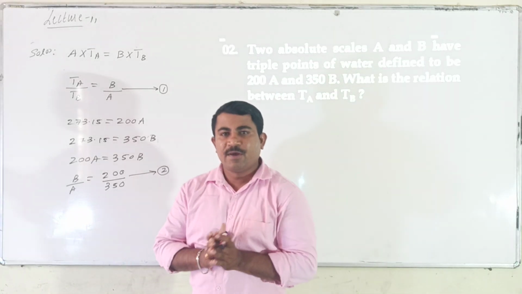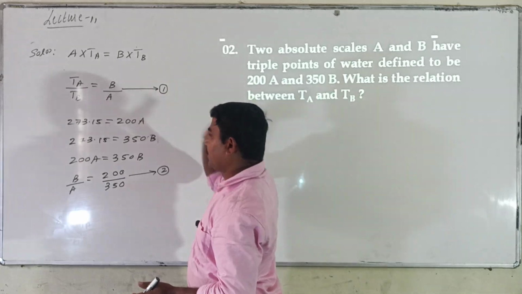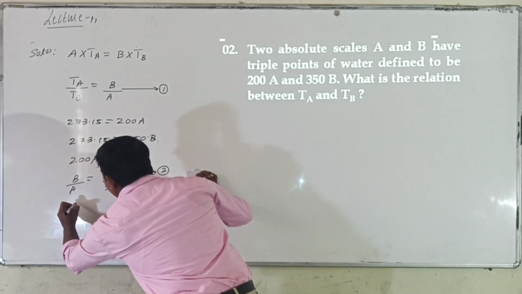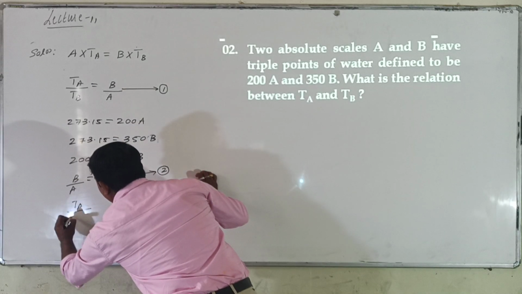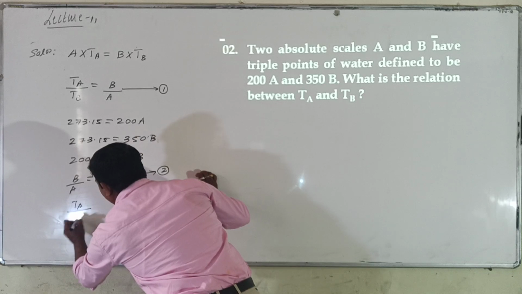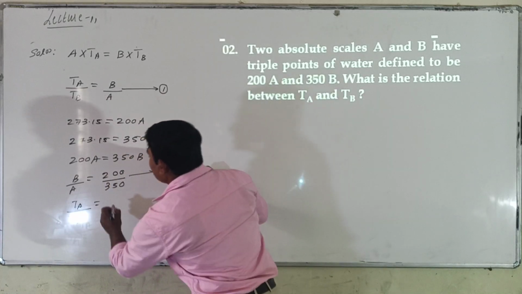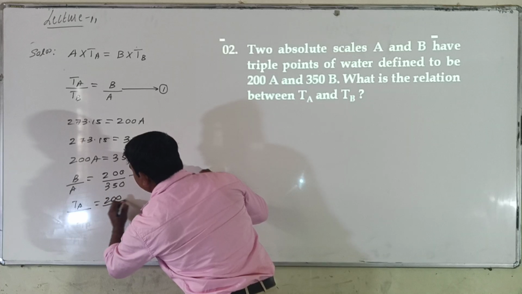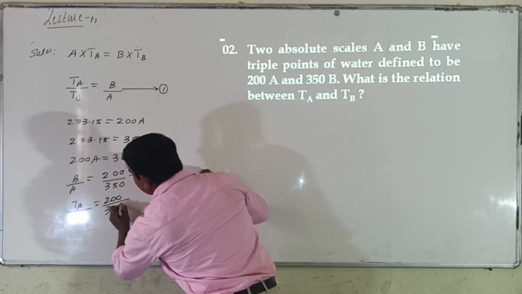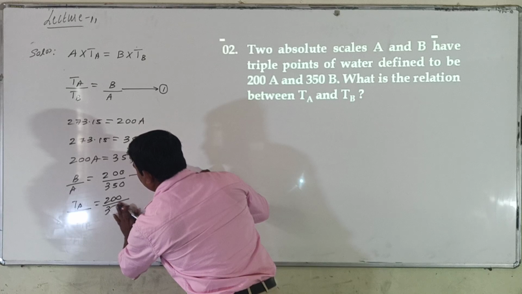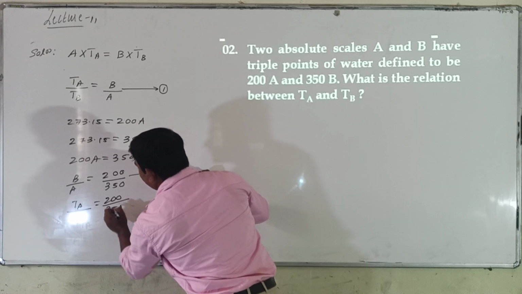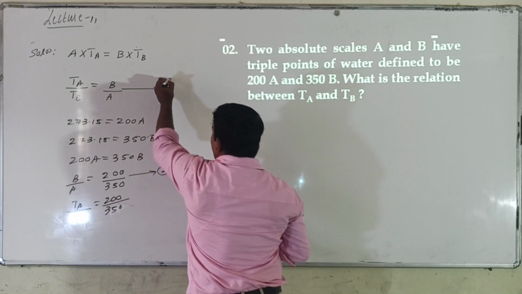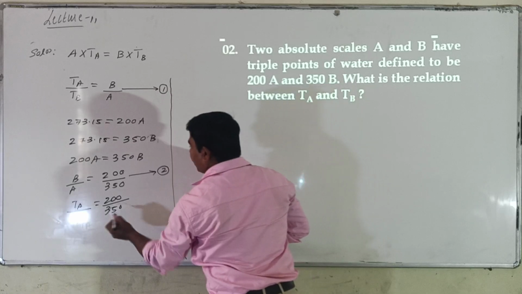Now very simple. Put equation 2 in equation 1. What are you getting? TA divided by TB, B is how much? 200. A how much? 350. Then TA and TB in what ratio?